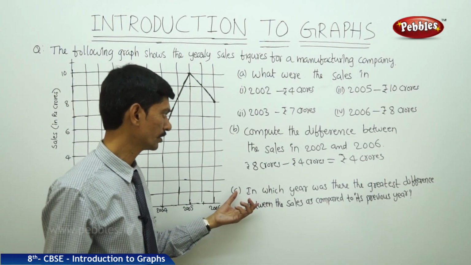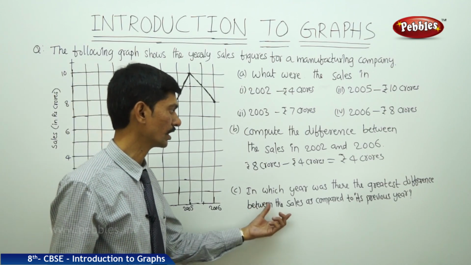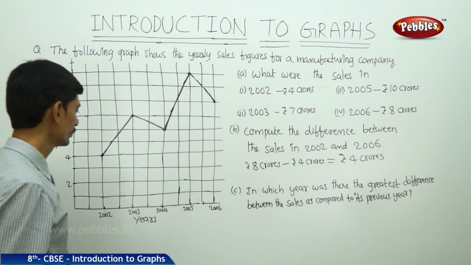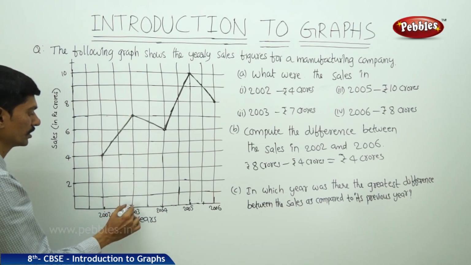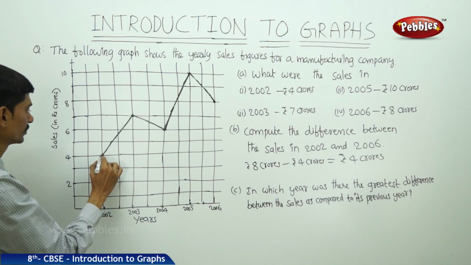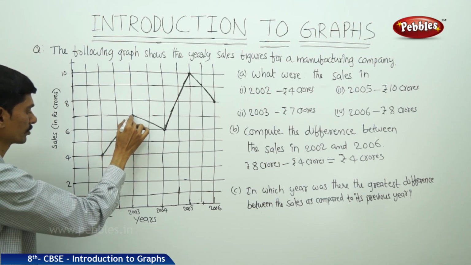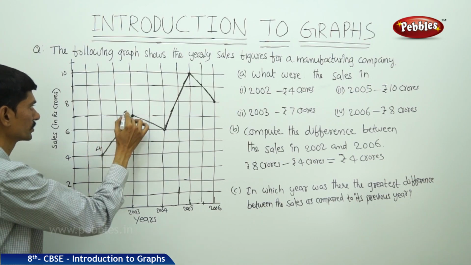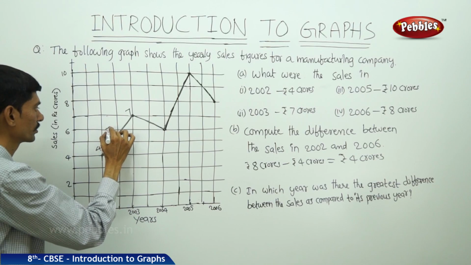Now the next question, in which year was there the greatest difference between the sales as compared to its previous year? When you compare 2002 to 2003, the sales were 4 crores in 2002 and 7 crores in 2003. So the difference is 7 minus 4, which is 3 crores.